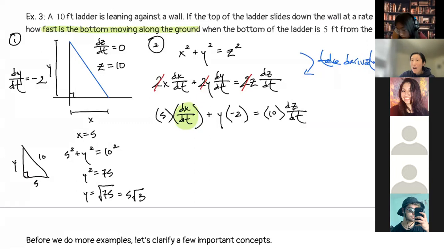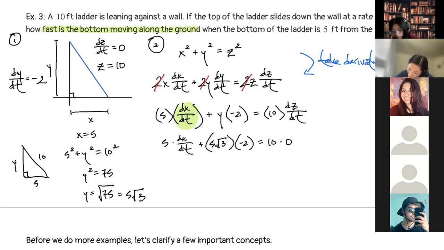Okay, so now let's plug in all the things we know. We've got 5 times dx/dt plus 5 root 3 times negative 2 equals 10 times 0. So this is going to go to 0. Excellent. And I am going to take this term and move it to the right-hand side of the equation.